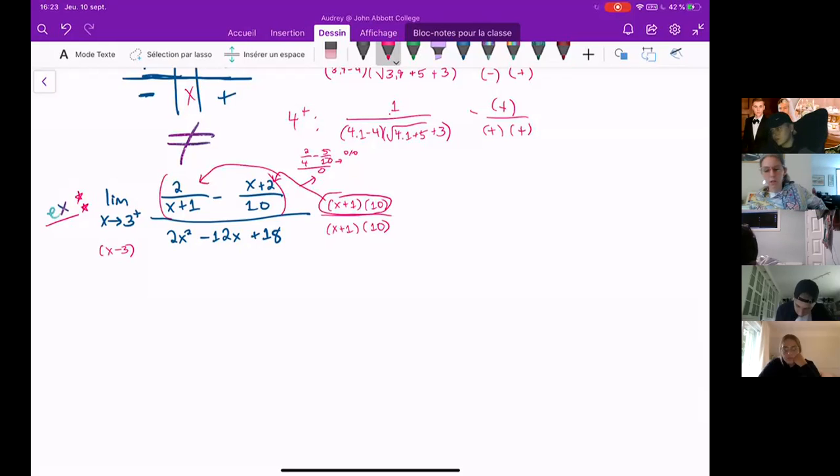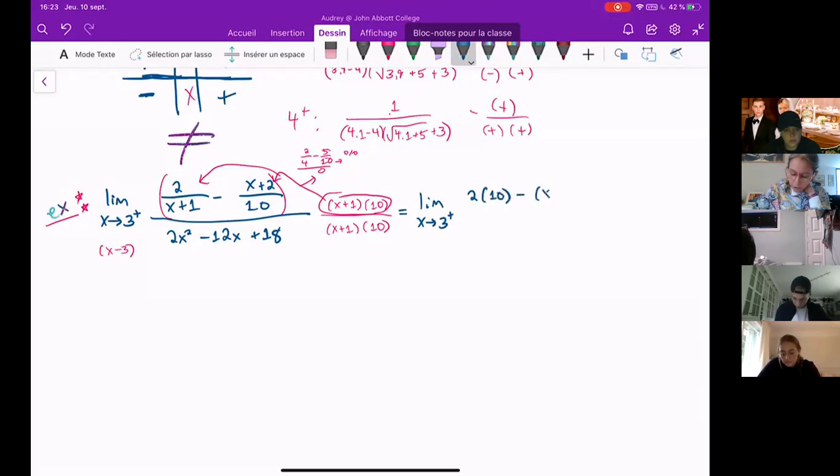So both of those things on the inside are getting multiplied by both x plus 1 and 10. With my 2 over x plus 1, the x plus 1's cancel out. And what is 2 multiplied by? 10. And then minus that x plus 2 gets multiplied by what? X plus 1. You got it.